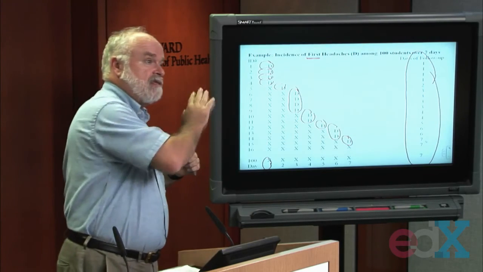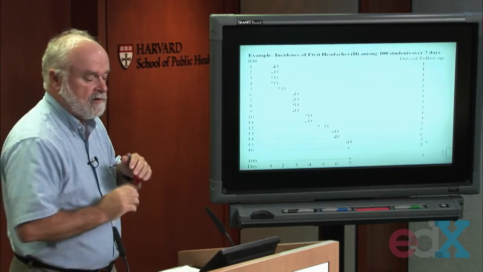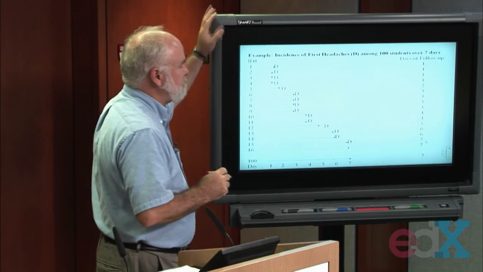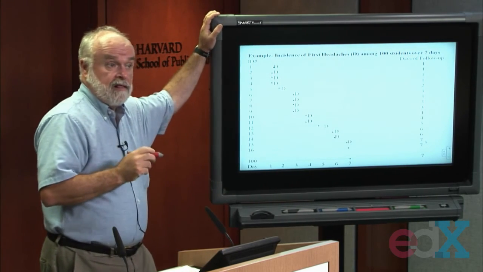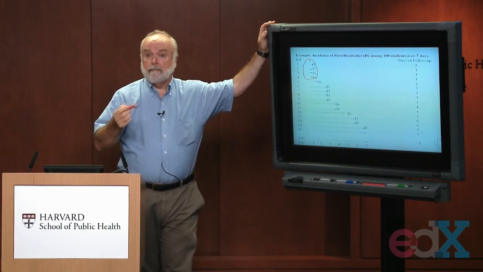Now, you could display this same data in terms of timelines, and that's what this next figure is supposed to describe. Each of these arrows is a person. The length of the arrows is the number of days they were followed until either they developed a headache, or in this case, the study ended. So the first 4 people's arrows only go for 1 day, and they end with the development of the disease.